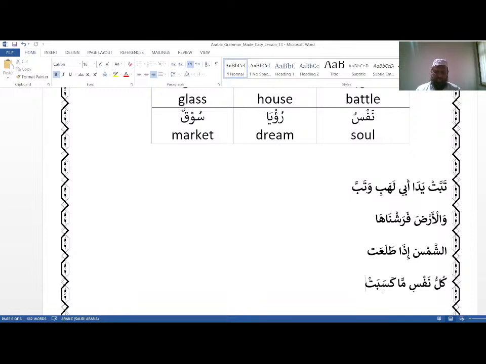One of the tips or rules we've learned: if ma comes at the beginning of a sentence before the fi'l, that ma will be negative, and ma in the middle of the sentence will be ma mawsula, which is alladhi. Whatever it earned, kasabat.